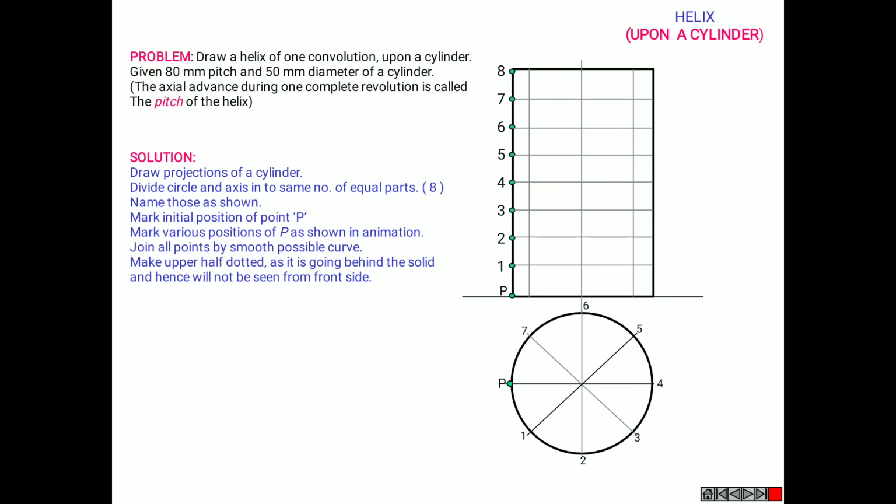Make the points from 1 to 1, 2 to 2 and so on up to 8 to 8. Name them P1, P2, P3, P4, 5 and so on up to P8.